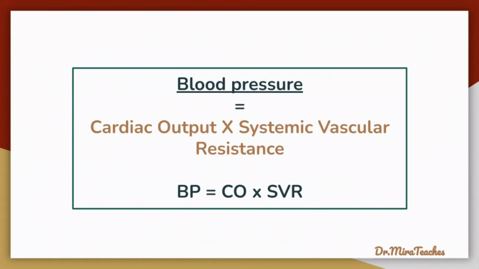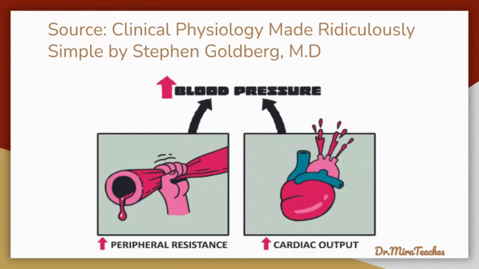Okay. Again, blood pressure is equal to cardiac output times systemic vascular resistance. We've seen cardiac output, we've defined systemic vascular resistance. And I found this beautiful image online, and it came from this book, Clinical Physiology Made Ridiculously Simple by Stephen Goldberg. All right. It tells you what the blood pressure equation is, but in picture form.